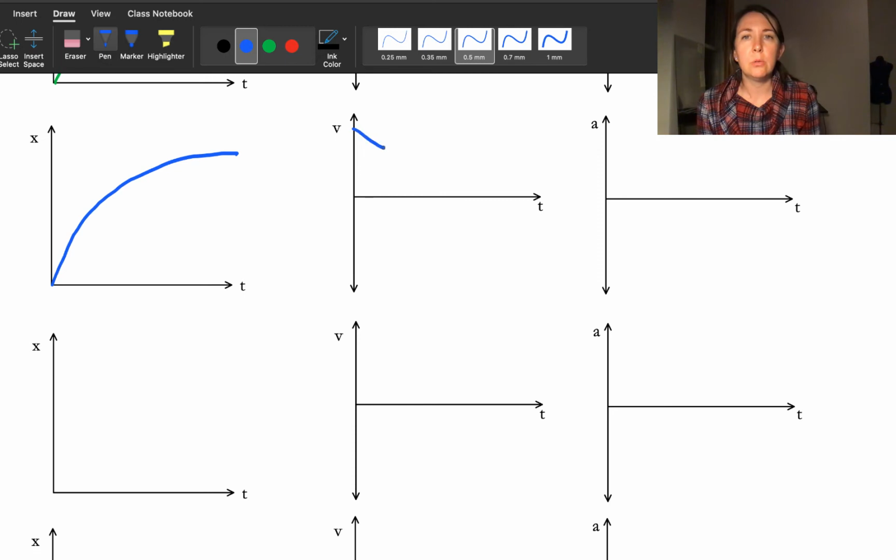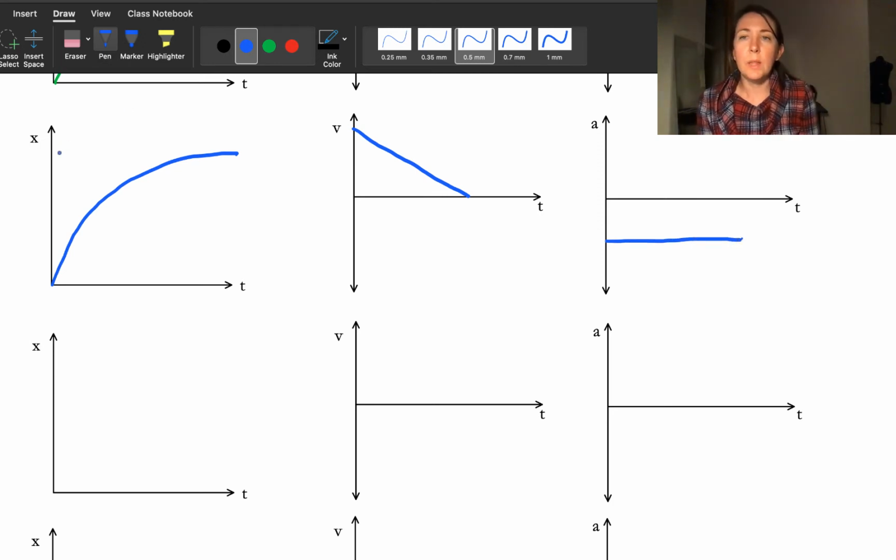This would be like you in your car driving down the road at some speed, and then when you see the stop sign or the stoplight, you press on the brake. This is when you start the time, is when you press on the brake and you slow down and you stop over time. Your velocity starts off big and positive and then becomes negative. The slope of this line is your acceleration, which will also be negative.